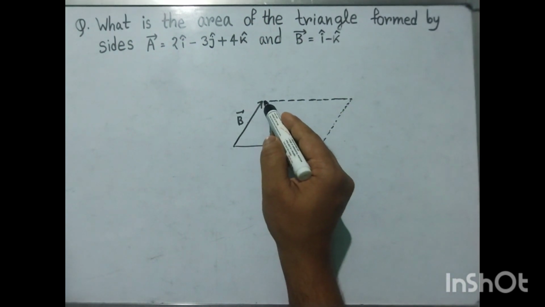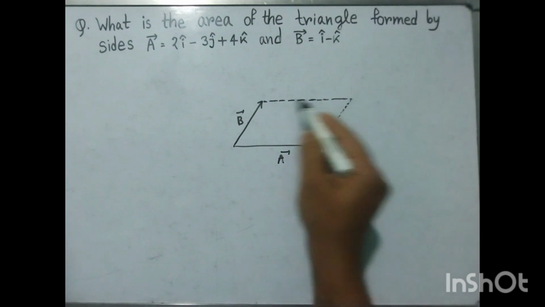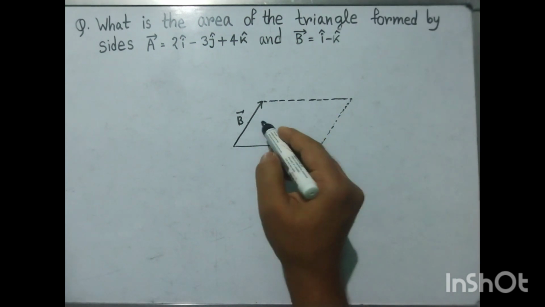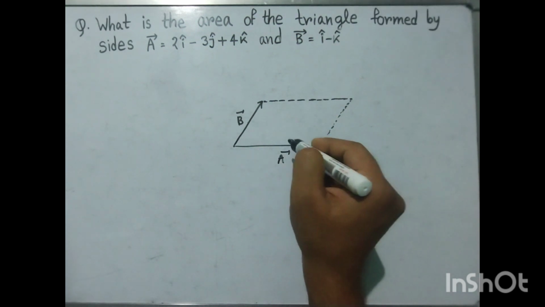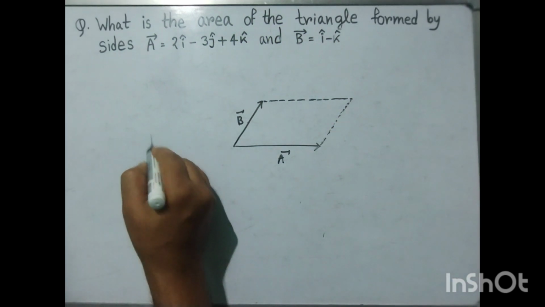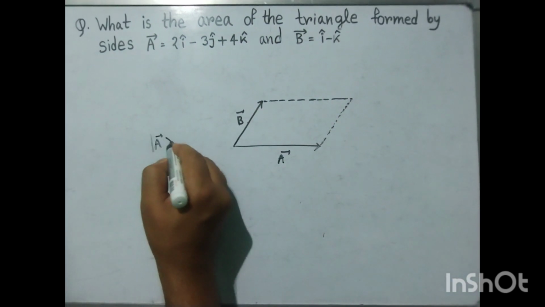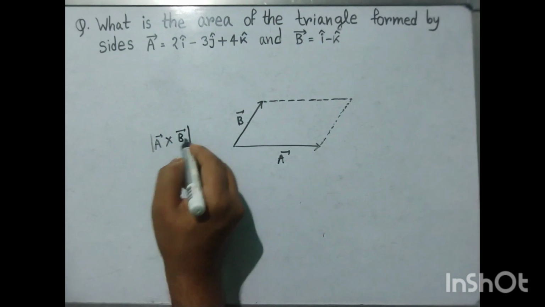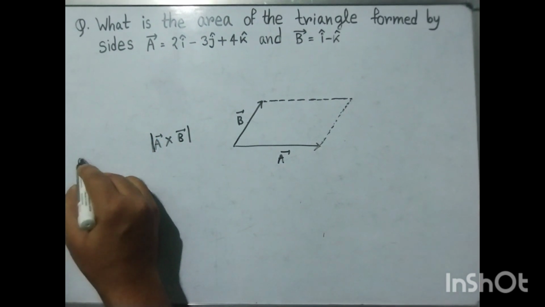If you are asked to find the area of the parallelogram formed by a vector and b vector, then the formula is magnitude of a vector cross b vector, that is the area of the parallelogram.